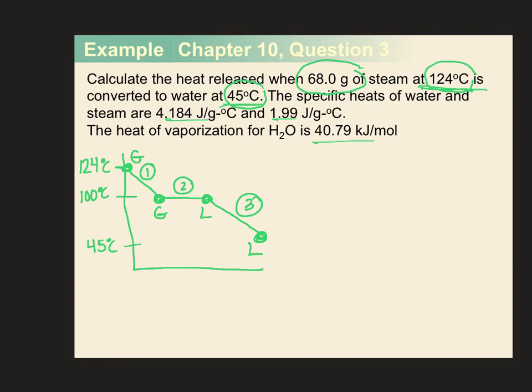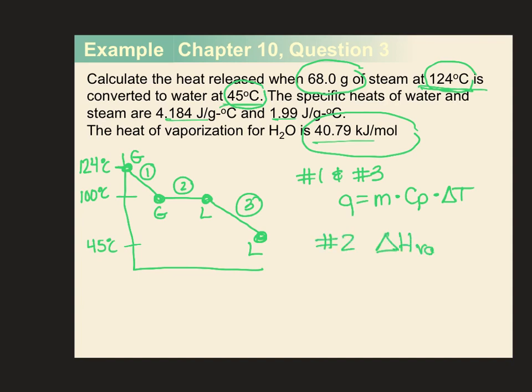Anytime you have a change in phase, this time we're condensing, but it's still the gas to liquid change, you're going to use the molar heat of vaporization or fusion, depending on what your phase change is. So step number 1 and step number 3 are going to use Q equals M times specific heat capacity times delta T. And step 2, where I'm changing phase, is going to use my delta heat of vaporization just as a conversion from moles into kilojoules.